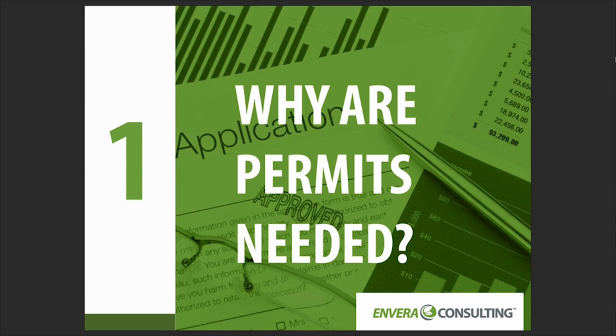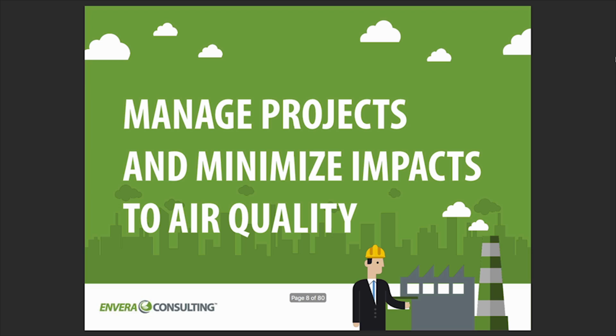So number one, why are permits needed? Very simply, permits are needed to manage projects and to minimize the impacts to ambient air quality as a result of these projects. And in doing so, permits are a way to manage new sources of air pollution in a way that doesn't degrade current air quality.